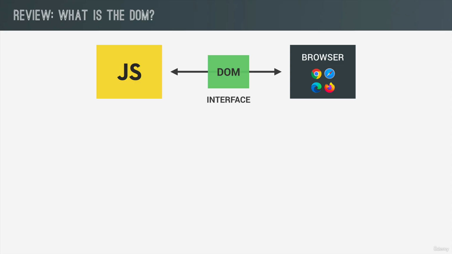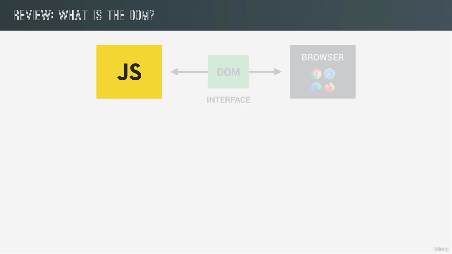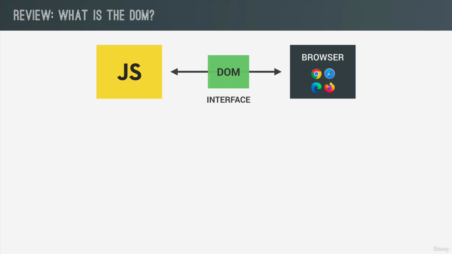Now, we have written a ton of JavaScript code in this course so far, but many times completely without interacting with the browser. So without using the DOM, right? But now we're back to working with web pages, and therefore with the DOM. And this time we're gonna learn as much as possible about the DOM and how to create amazing dynamic effects.